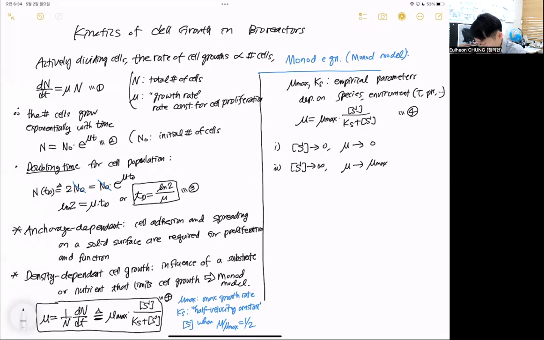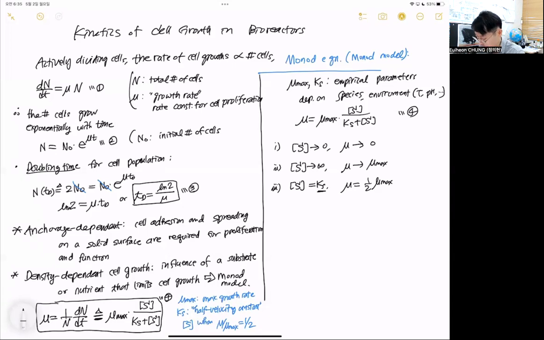When substrate concentration becomes the same as this parameter K sub S, you can see from the equation that because these are the same, mu becomes 1/2 of mu max. And you can see why this Ks is defined as the half velocity constant.